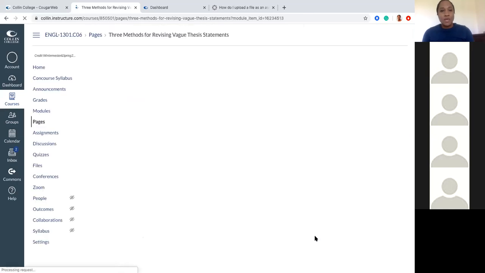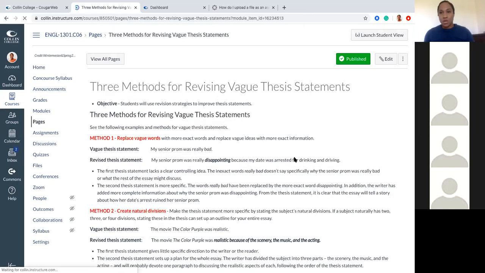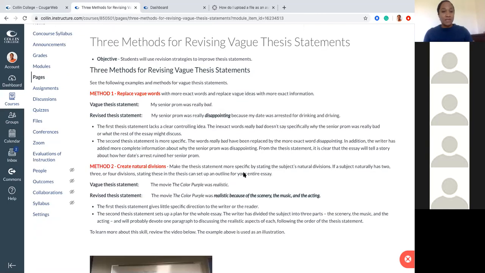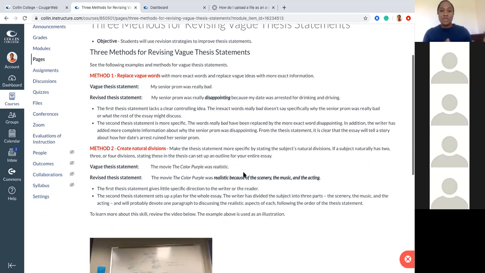If you pulled one of your topic sentences from your research proposal, don't forget you're going to want to rephrase it, and try to make it a sentence that is more descriptive than perhaps your topic sentence was. To do that, you can replace vague words, or you can use natural divisions.